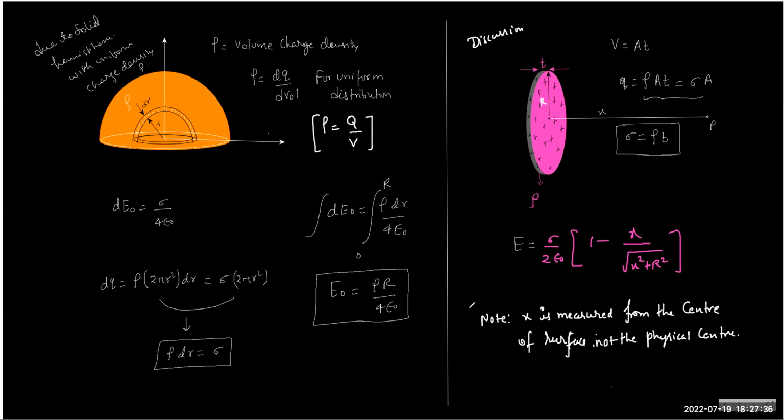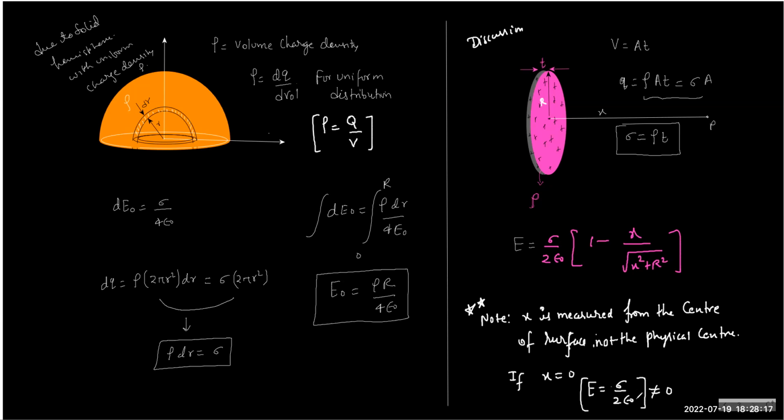Now, you may ask why it is so important to mention this. If you put x equal to 0, what do you expect the answer to be, 0 or non-zero? Non-zero. The answer turns out to be sigma by 2 epsilon naught. This is not equal to 0, but in reality, if you go to the physical center, it's like you have a wafer and you slice it into two small wafers.